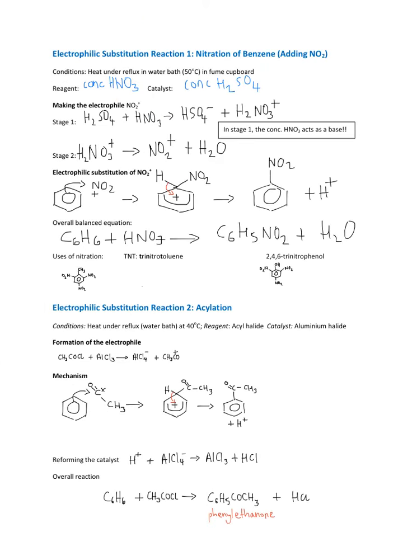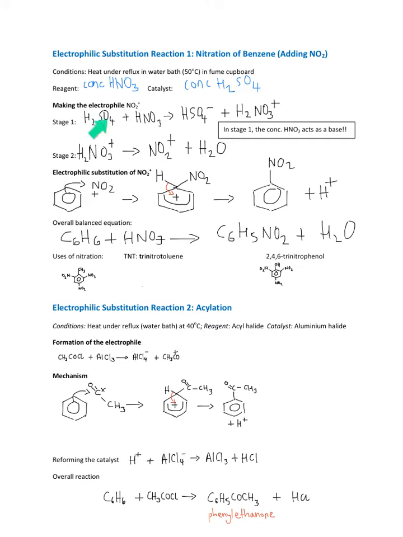So reaction number 1 is about nitration of benzene. Now, first of all, background, how does it work? Well, we have conc nitric acid as a reagent, which supplies the NO2+, and then conc H2SO4 is the catalyst for the reaction.